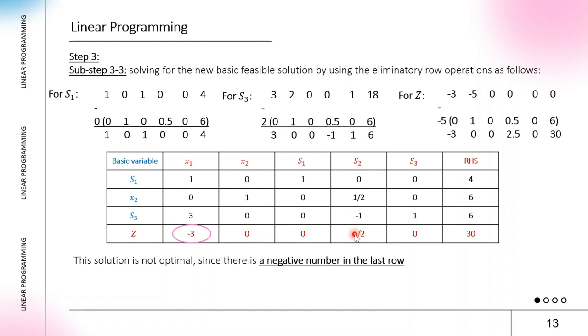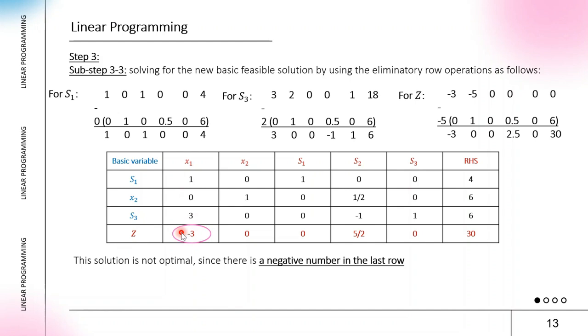There is still a negative coefficient, -3, in the x1 column of the Z row. According to the optimality test for a maximization form of the optimization problem, this means that the current solution is not yet optimal, and increasing x1 can still increase the objective function value.